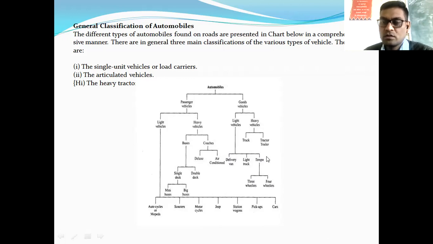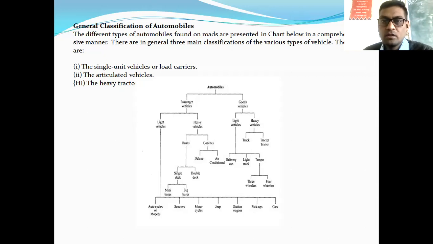Coming to the last, in heavy goods vehicles, we have either trucks, tractors or trailers. This is the general chart which represents the various types of automobiles we can see in our day-to-day life.